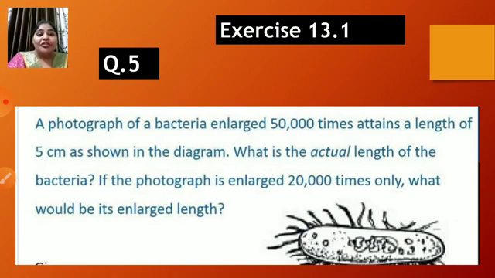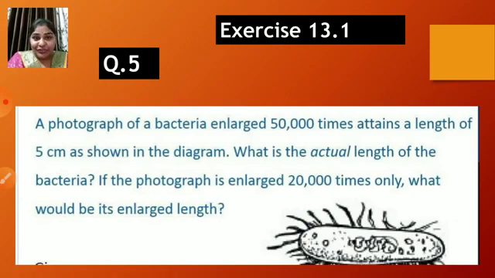A photograph of a bacteria enlarged 50,000 times attains a length of 5 centimeter as shown in the diagram. What is the actual length of the bacteria? If the photograph is enlarged 20,000 times only, what would be its enlarged length?